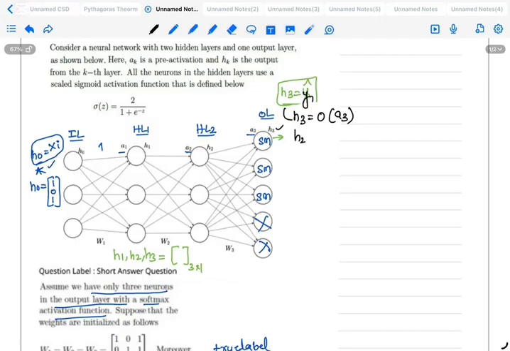And H2 equals sigmoid of A2, this layer is using sigmoid. H1 equals sigmoid of A1.